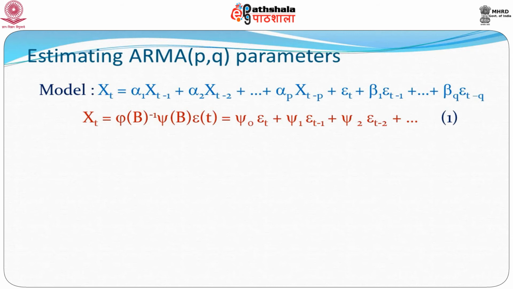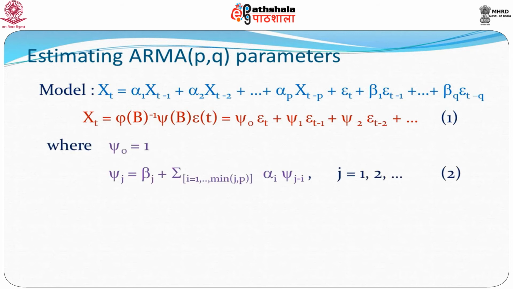In this case, the relationship turns out to be psi_0 equal to 1 and psi_j is beta_j plus summation of alpha_i into psi_{j-i}, and this relationship we can work out for each of the j values, remembering that alpha_i is equal to 0 for i greater than p, because we just have alpha_1 to alpha_p, and similarly beta_j is equal to 0 for j greater than q.